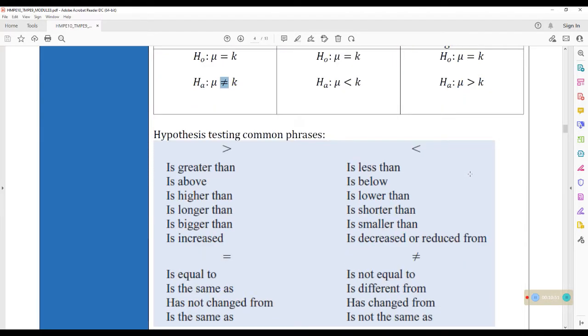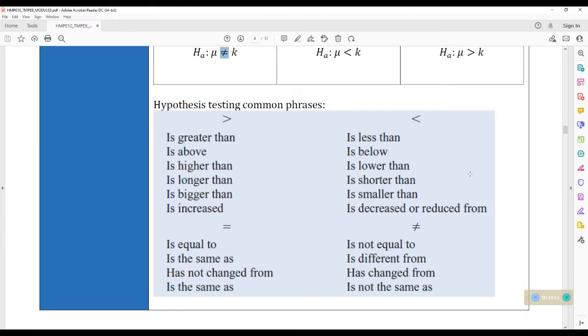Now, if you are given word problems, you can refer to this table of common phrases for the hypothesis testing statements. So, kapag nakita niyo yung mga word na is greater than, is above, is higher than, is longer than, is bigger than, is increased, so right-tailed yun, greater than.